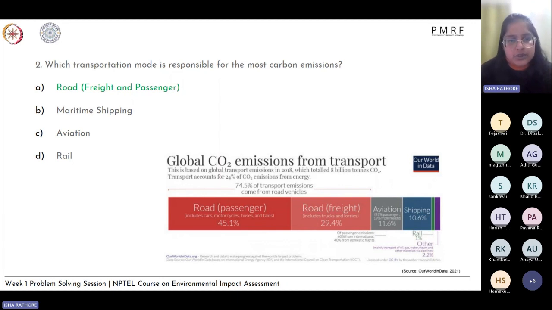So together both road passenger and freight contribute to 74% of transport emissions from road vehicles, which is the largest transportation mode which causes most carbon emissions. You also need to look at the frequency of these compared to the emissions they produce. So again, reading figures is important. Okay, so A, road, freight and passenger is the correct answer.